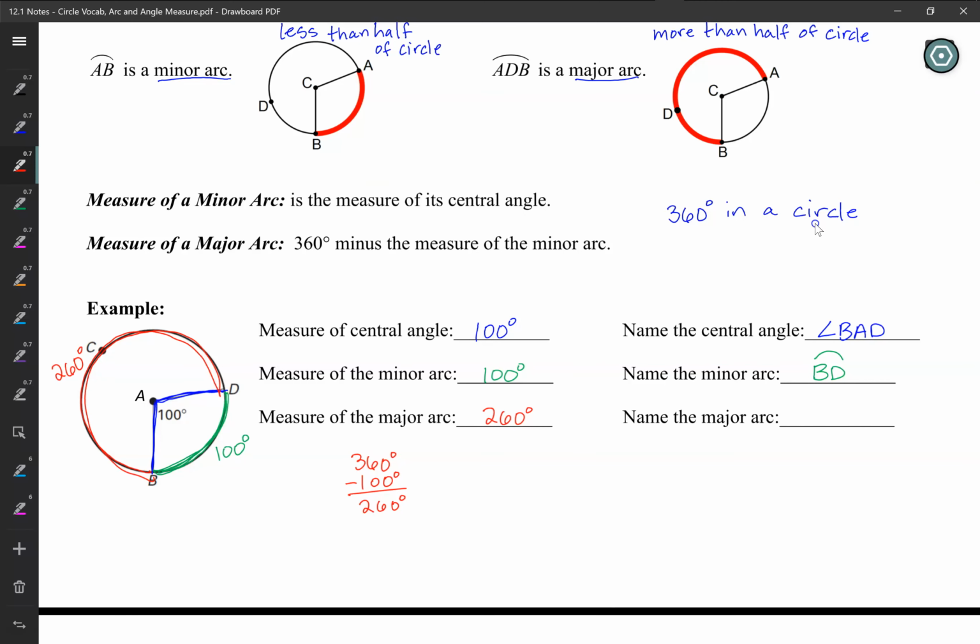And the name of that arc, we need to name it with 3 letters. I covered up the letters so you couldn't read it. Let's make it a little more readable. So I can name that with 3 letters. Pick which one to start with. If I start with B, I start at B, I go past C, and I end at D. So B, C, D. Or D, C, B.